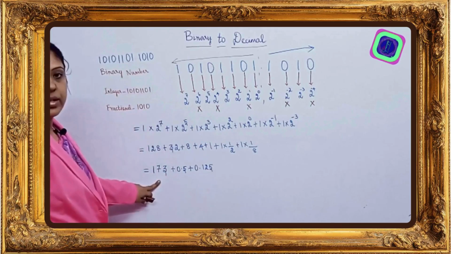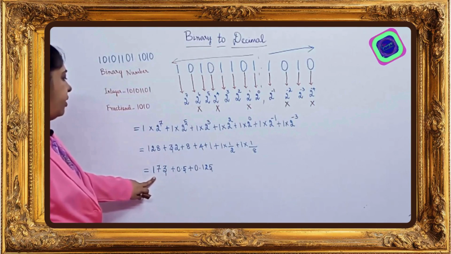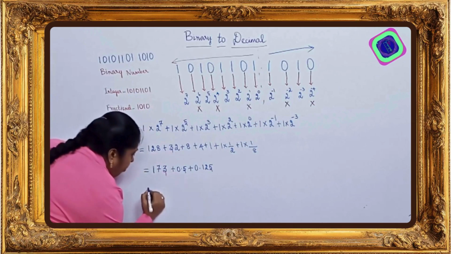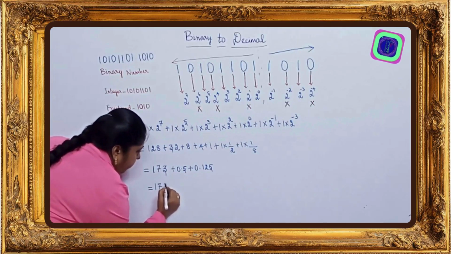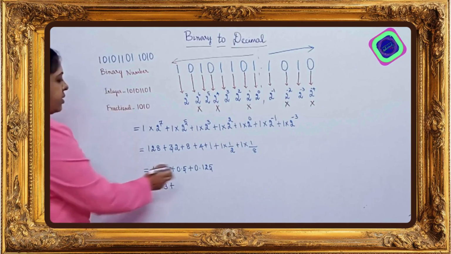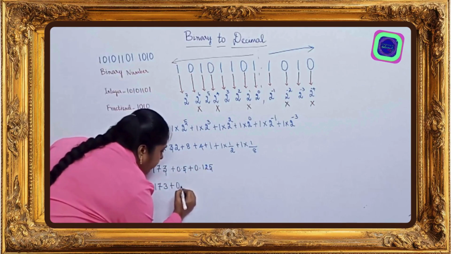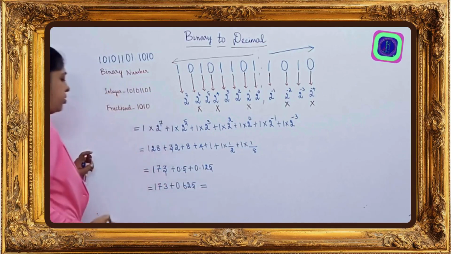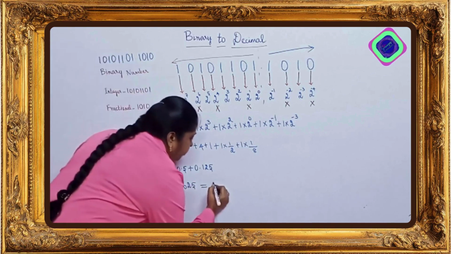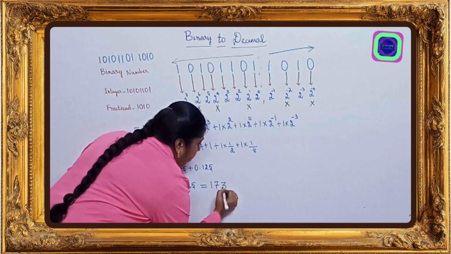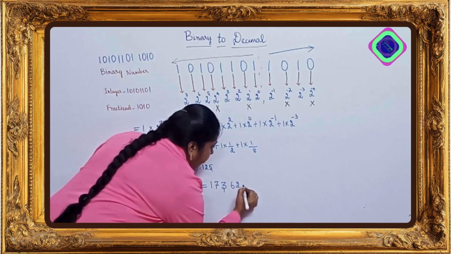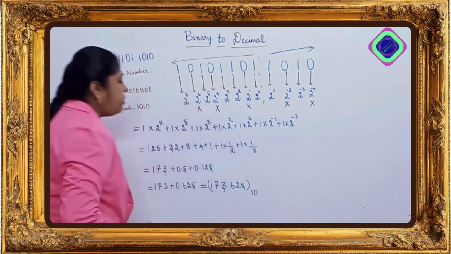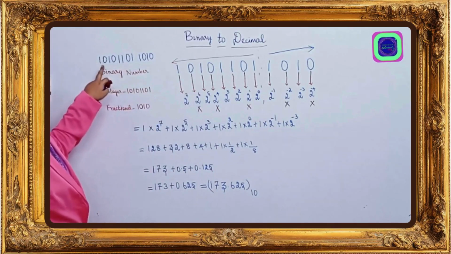So when adding with the integers, the final value is, we have to add all the 173 plus 0.5 plus 0.125, which gives 173 plus these point values, when added will give 0.625, which gives 173.625. This is the attained decimal number for the given binary number.